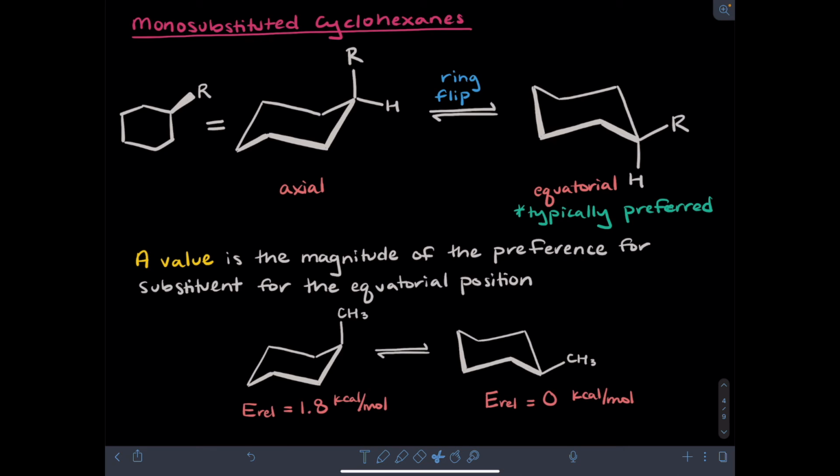What's observed experimentally is that the equatorial conformation is favored, and the axial methyl conformation is 1.8 kilocalories per mole higher in energy than the equatorial one. Here, E-rel is a relative energy. We would define this 1.8 kilocalories per mole value as being the A value for a methyl group on a cyclohexane ring.